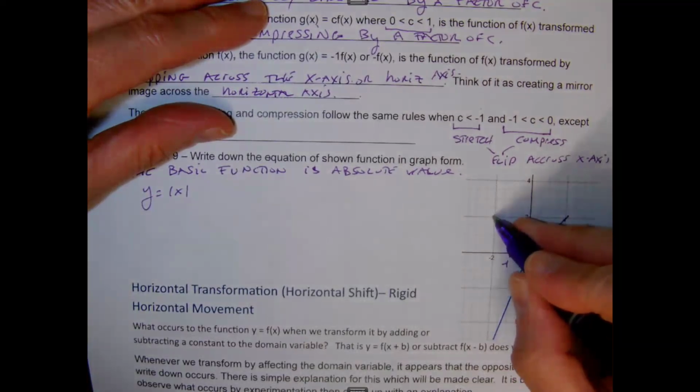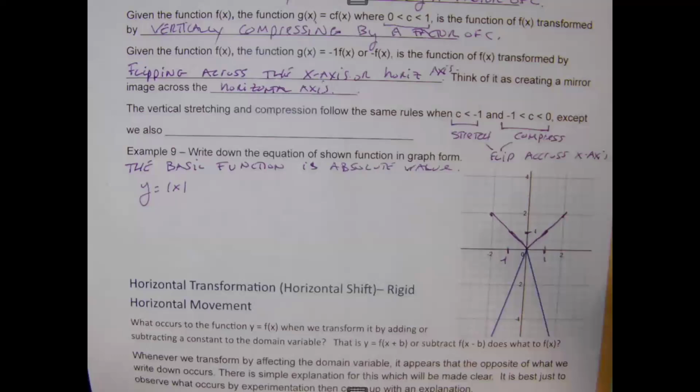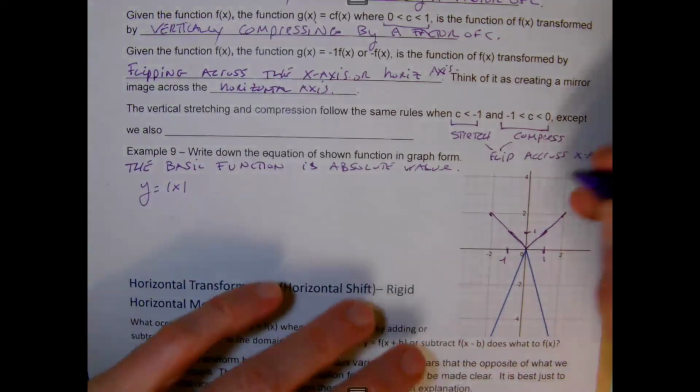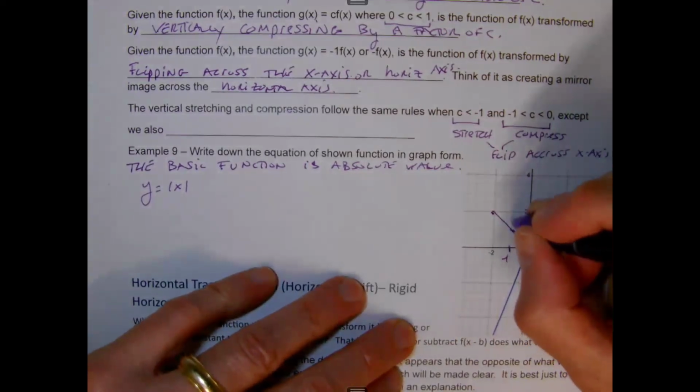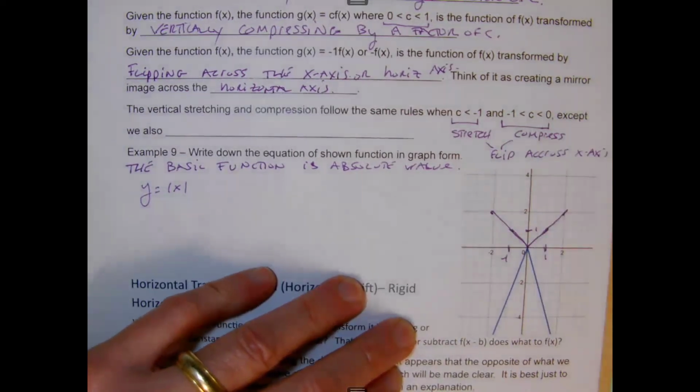And -2 produces 2 as well. But now it seems like it's skinnier. Well, what's one way that can happen? If I were to stretch it vertically, pull it, all of a sudden this graph will look skinnier.